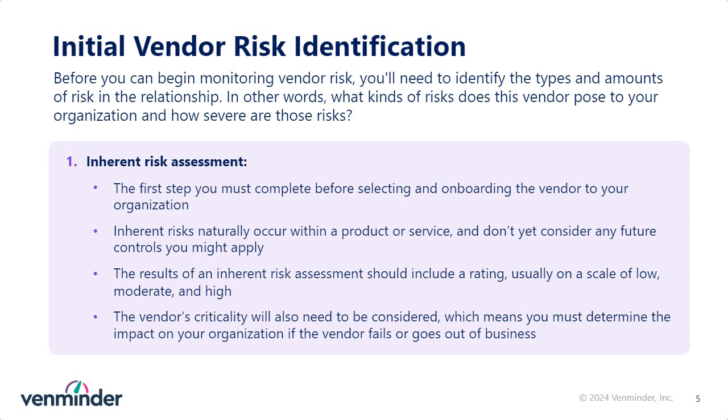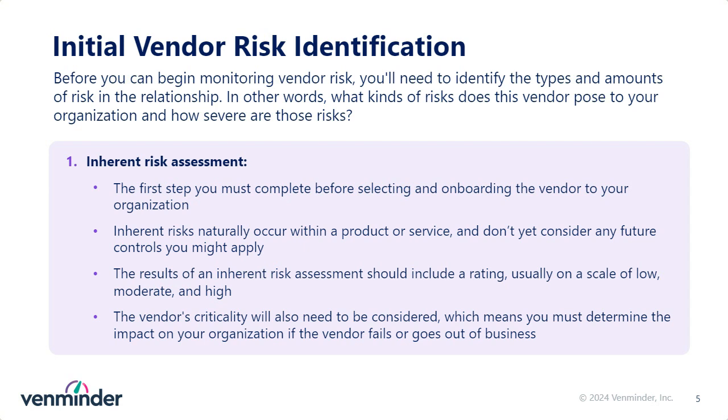At the same time, you want to determine the vendor's criticality to you. In its simplest terms, how dependent are you on this vendor? Would the loss of this vendor have a significant impact on your company and the service that you're providing? Would you be able to continue within a relatively short window, 48 hours for example, without this vendor?